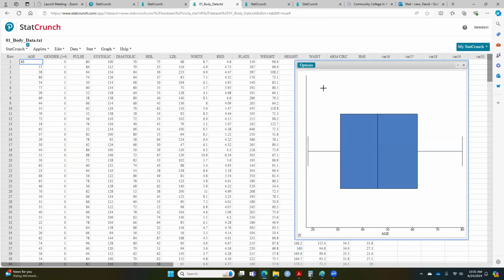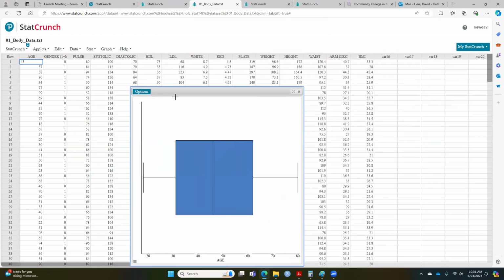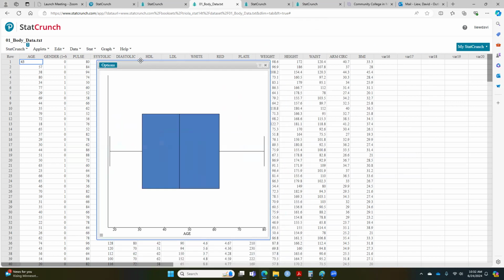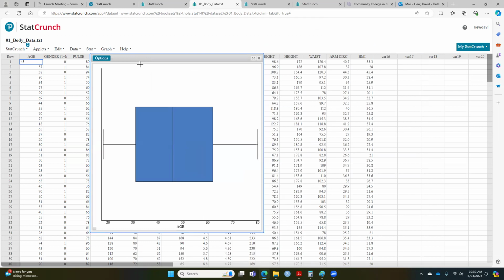So if you have something like this box plot based on the age, then you do not see any outlier, and it is kind of symmetrical. You can tell that right in the middle here, you cut it right over here, so the right and the left are somewhat symmetrical. So this is considered symmetrical, and also no outliers.